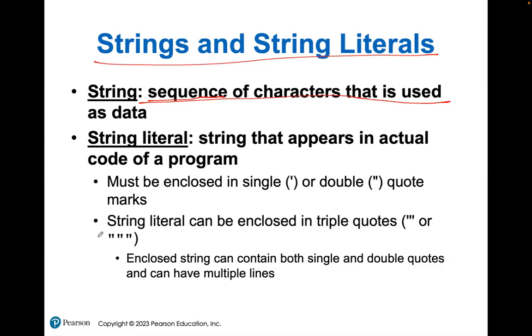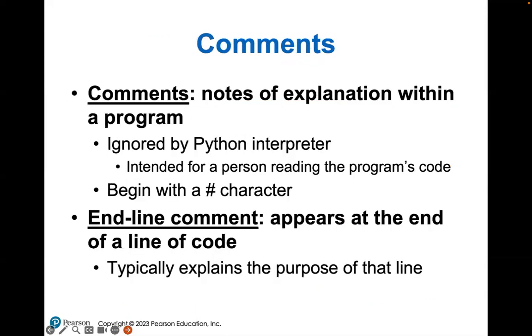If you have a sequence of characters enclosed either in double quotation marks or in single quotation marks, that is what we call a string literal. So that's the only difference. One of them is enclosed in quotation marks and the other one is not. A string is not enclosed; a string literal is enclosed.